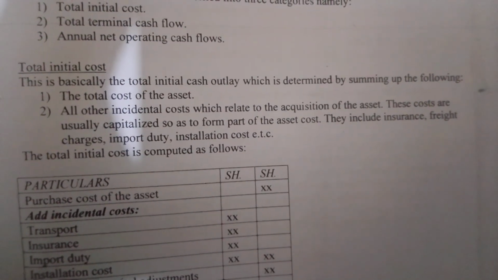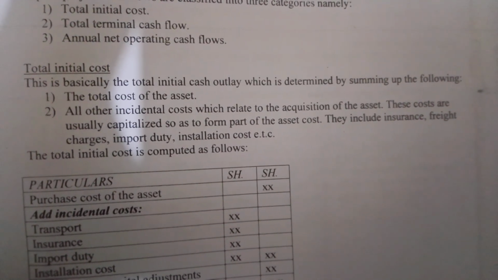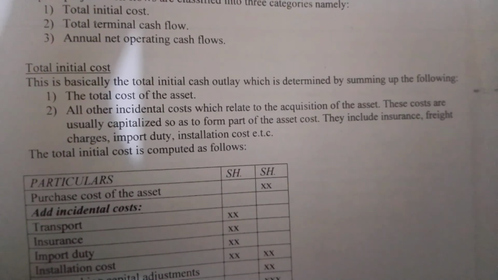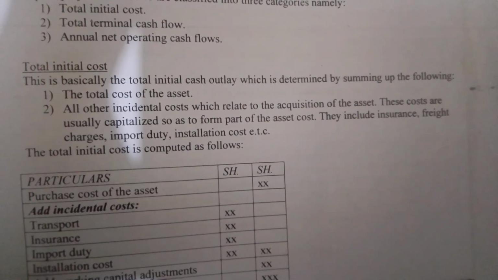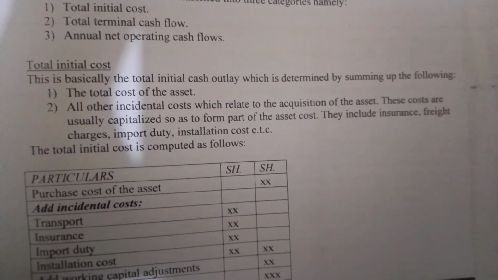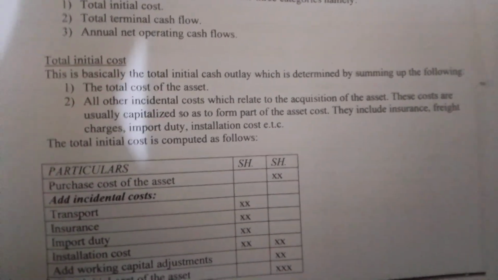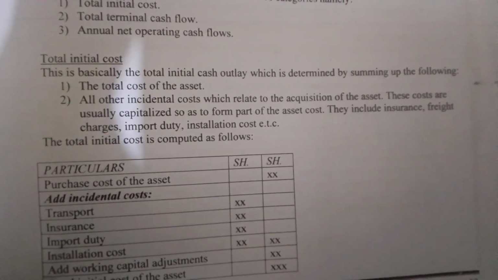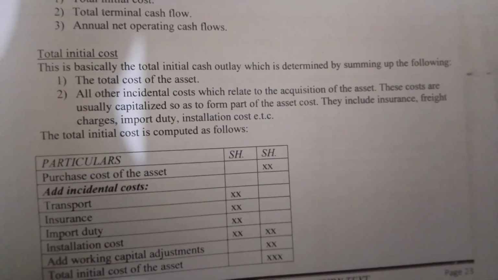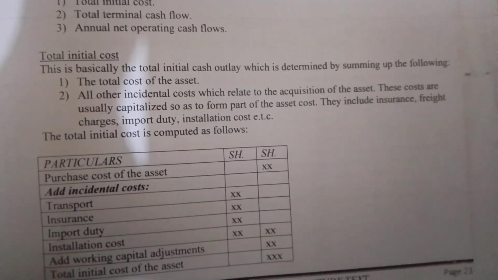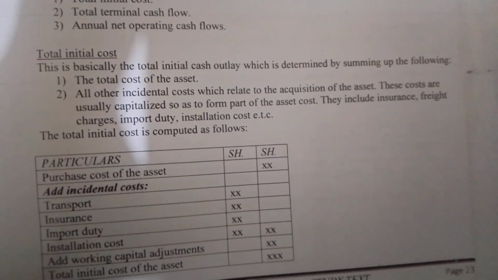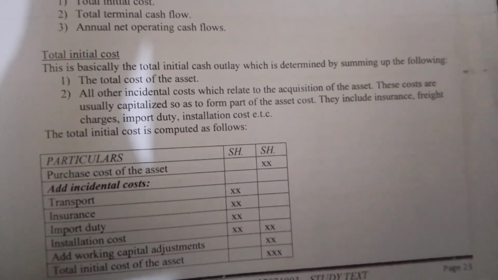These costs are usually capitalized so as to form part of the asset. They include insurance, freight charges, import duty, installation cost, etc.